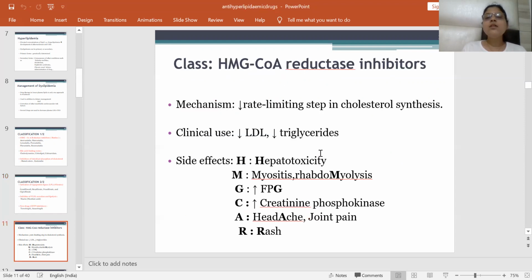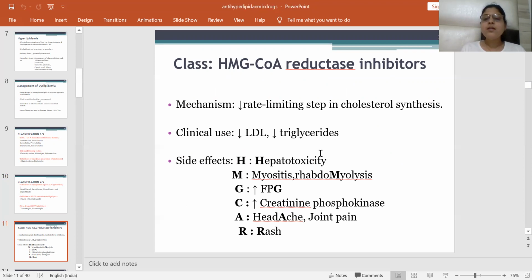Now, HMG-CoA reductase is the rate limiting enzyme in cholesterol synthesis, and statins inhibit this enzyme. They decrease the low density lipoprotein levels, the triglyceride levels, and the cholesterol levels in the body.